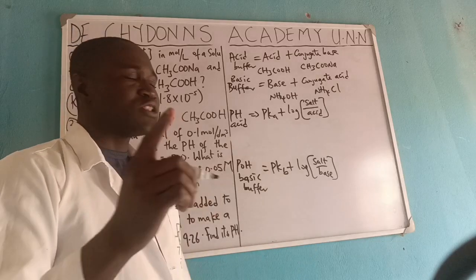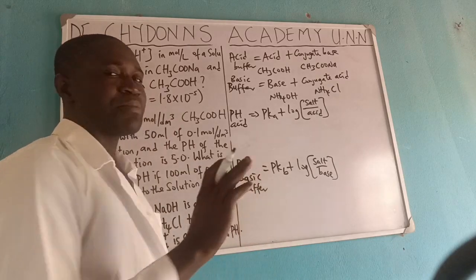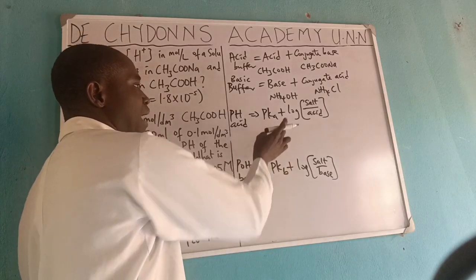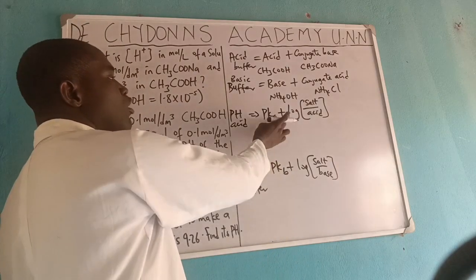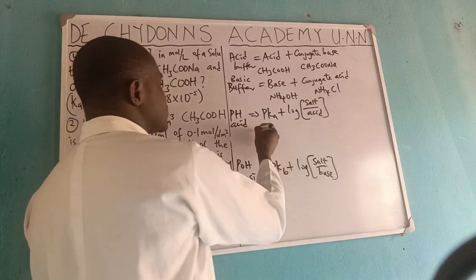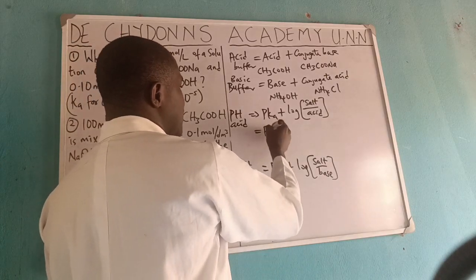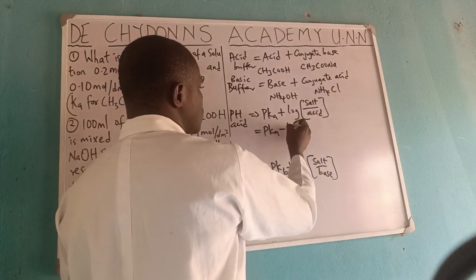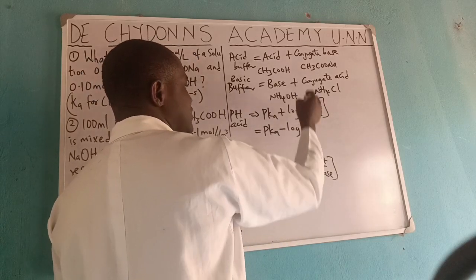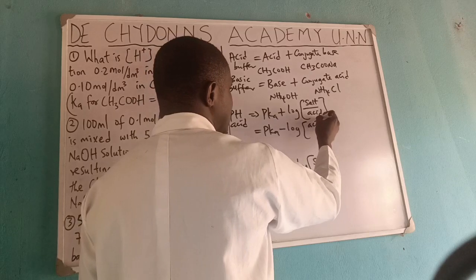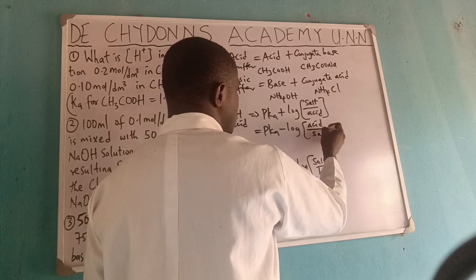Now, I want to let you know that mathematics can be applied here. There are a lot of mathematical tricks they can use to confuse us here. If you check some textbooks, they can say pKa minus log. Once you put minus here, it means you invert this. It becomes acid over salt.